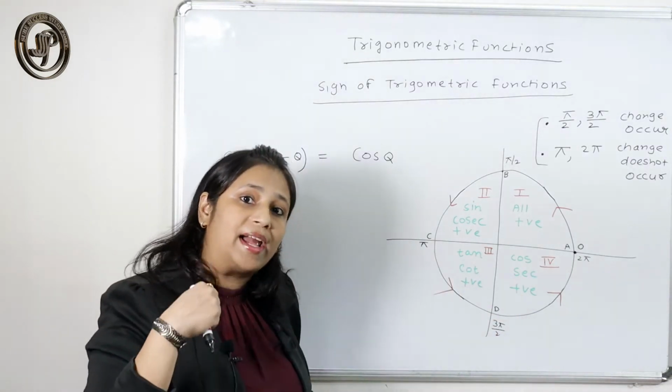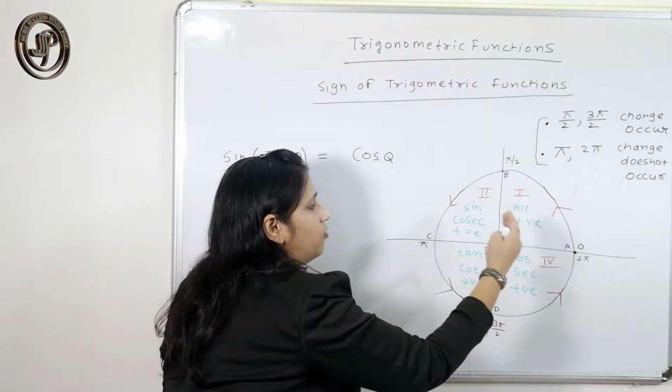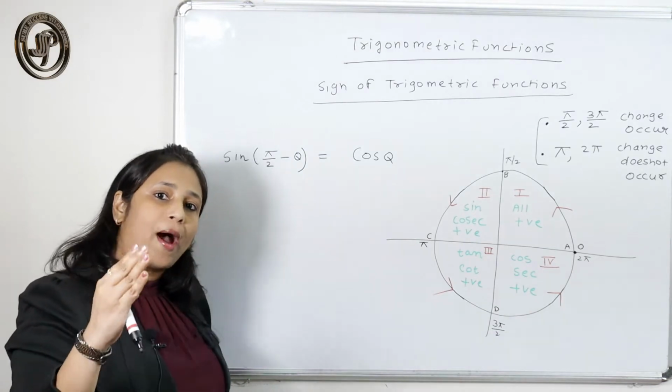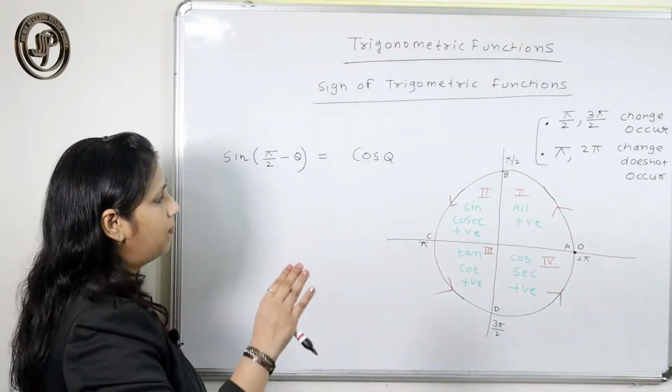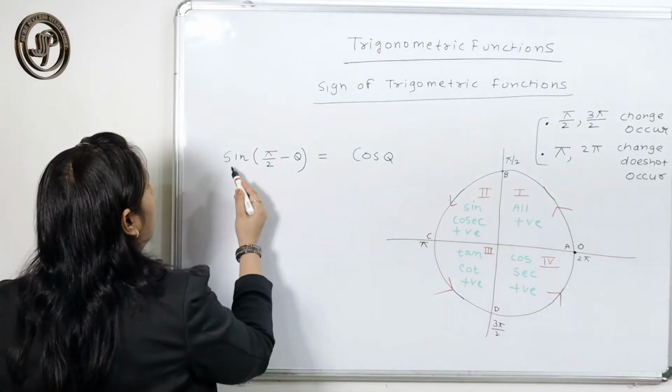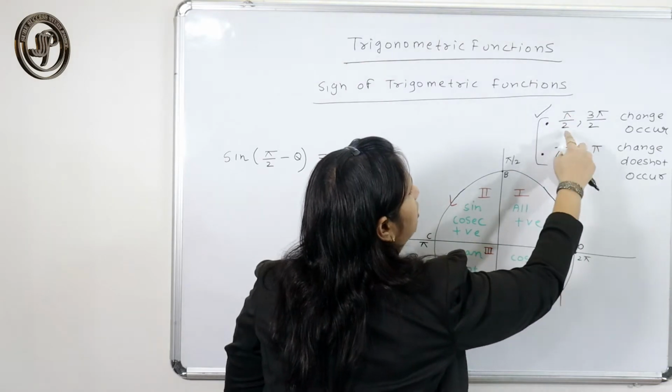If I say 2 pi minus, meaning less than 2 pi, then you are in the fourth quadrant. If I say 2 pi plus, then you are in the first quadrant. So here the change occurs because this is pi by 2.